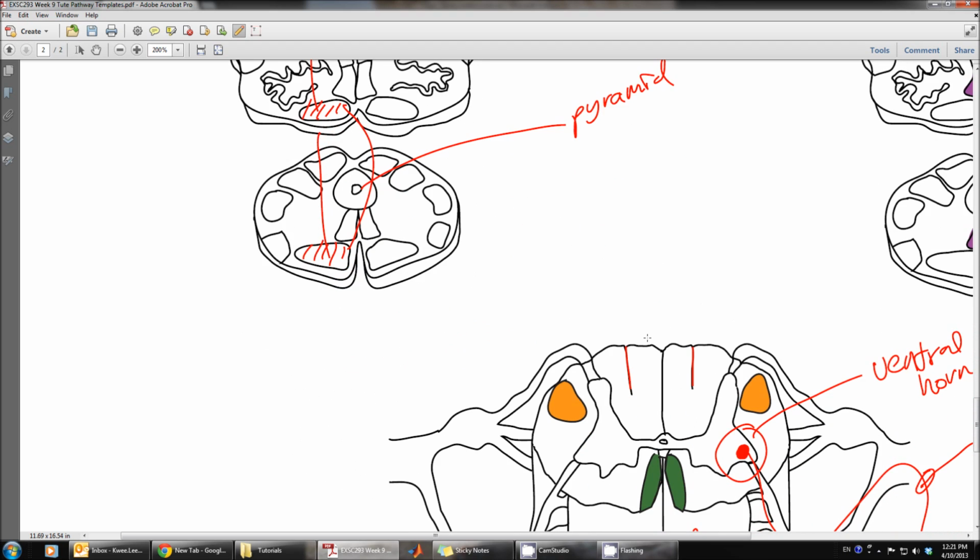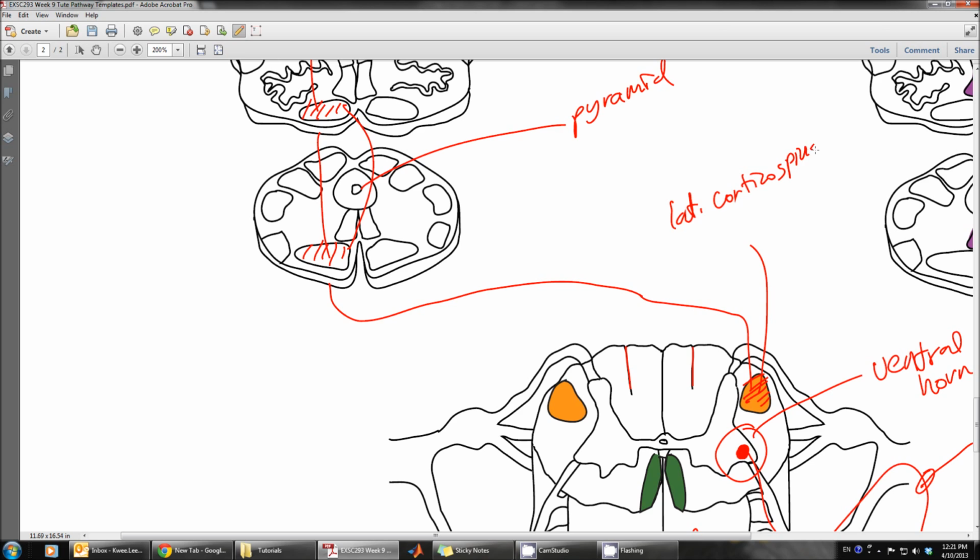At the junction between the pyramid and the spinal cord, you have to imagine this is crossing over to the other side. So it's no longer on the right side, it's on the left side, and it follows this tract in the spinal cord, which is our lateral corticospinal tract. We can say that's the decussation point, the junction between the medulla and the spinal cord, the start of the spinal cord.